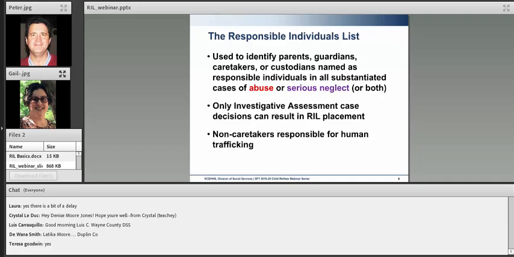A perpetrator of human trafficking is eligible for placement on the RIL regardless of their relationship to the juvenile. And I will say our regional child welfare consultants are hearing more, and not just from the larger counties that you would expect, but we're hearing more from counties across the state where there are cases of human trafficking beginning to pop up. And so please keep that in mind as you're working.